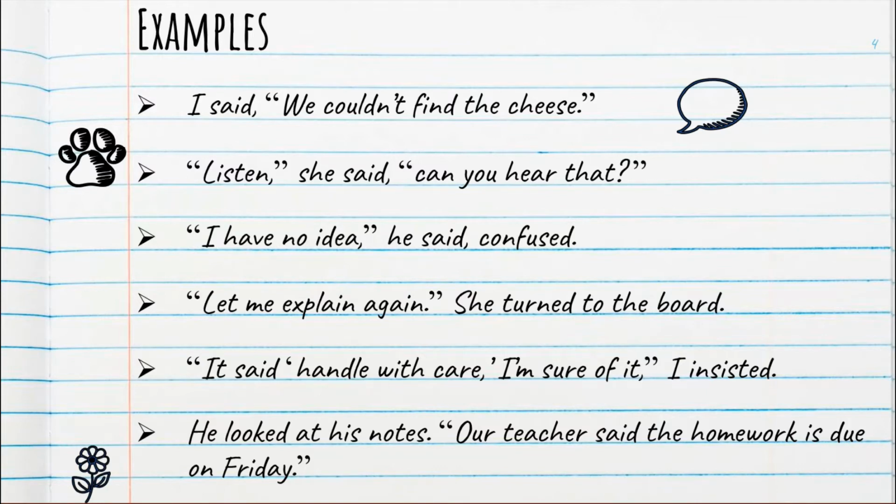All right. So if you just said our teacher said the homework is due on Friday, that's not necessarily word for word what the teacher said. Okay. It's just the general idea. You're repeating what they said, but not word for word. All right. So you do have to be aware of that. When you're repeating word for word, you have to use single quotes. But if you're just giving the general idea of it, then you can just leave the quotes out and just say, oh, they said that.